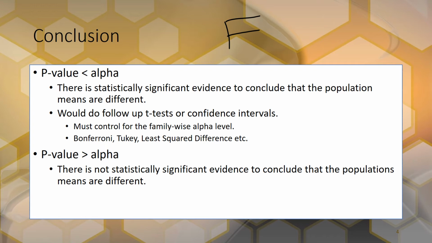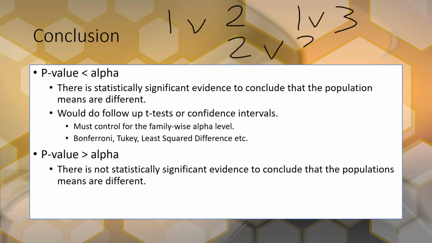Now, if you have a significant F-test, then you would have to do follow-up t-tests or confidence intervals. And you have to control for what's called the family-wise alpha level. So let's say you have 3 groups, then you're going to do 3 comparisons. You want to know if 1 is different than 2. You want to know if 1 is different than 3, and you want to know if 2 is different than 3.